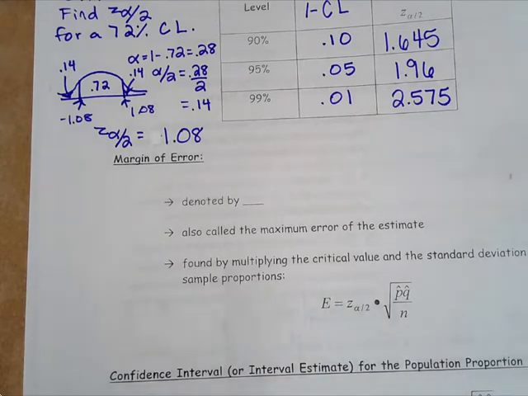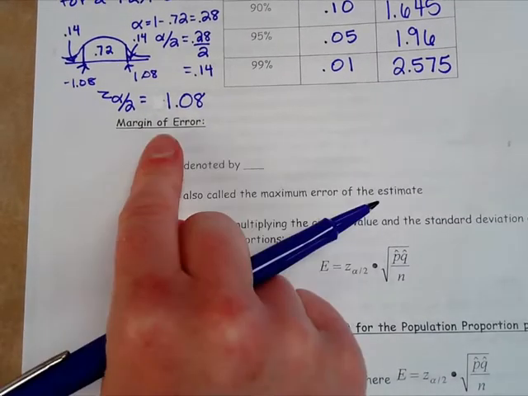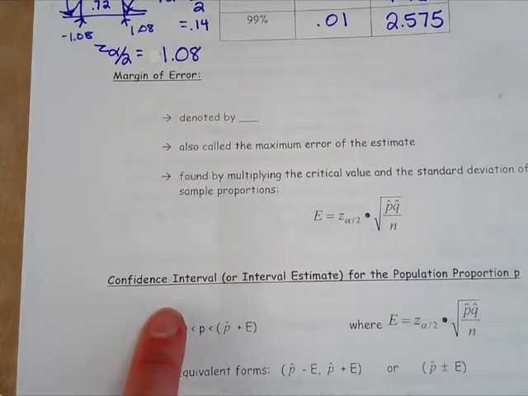So we're going to use all of these things like critical value, P, Q, and N to find our margin of error and then also find our confidence interval.